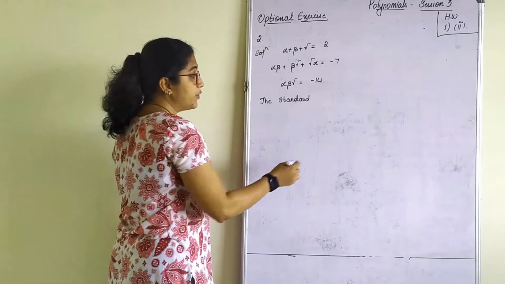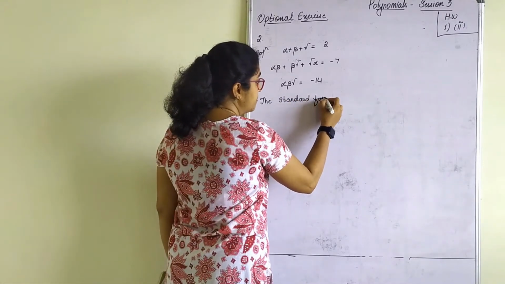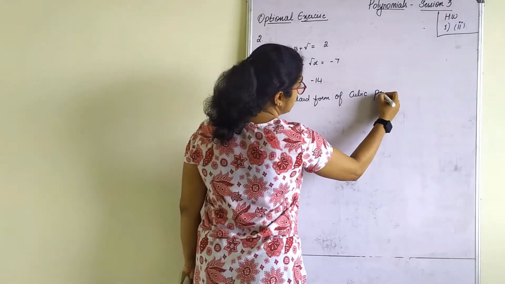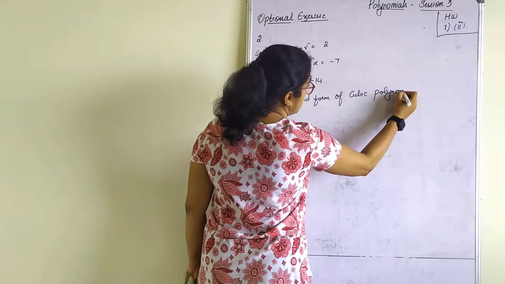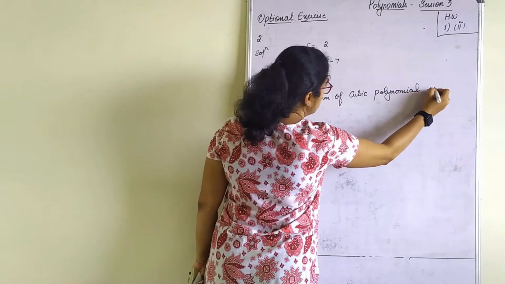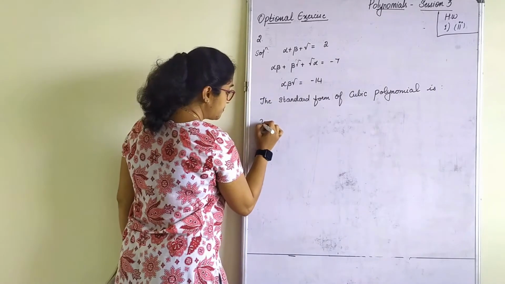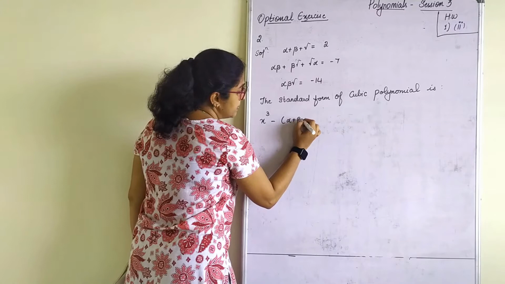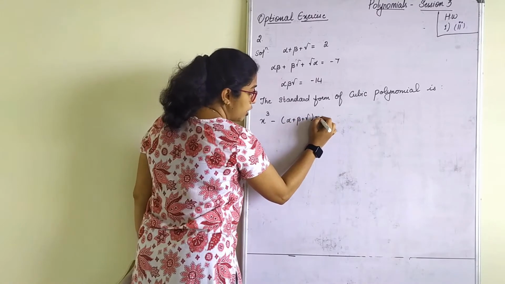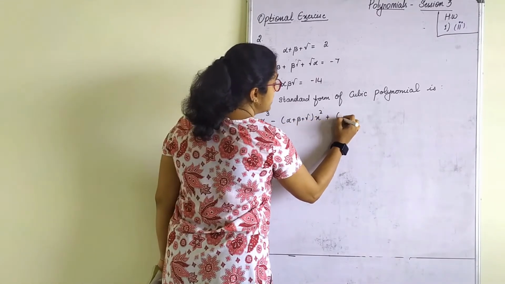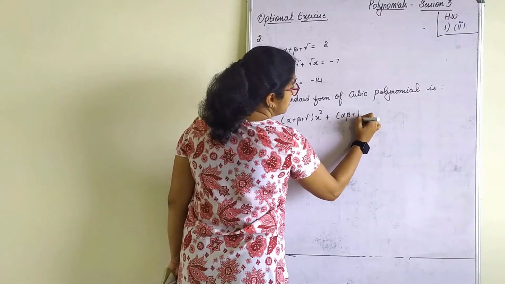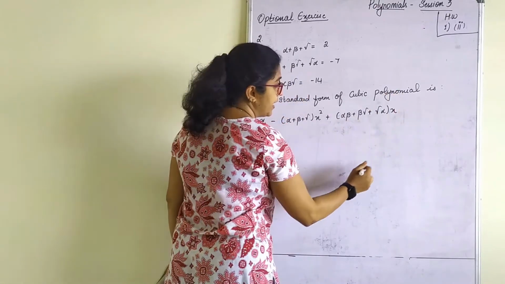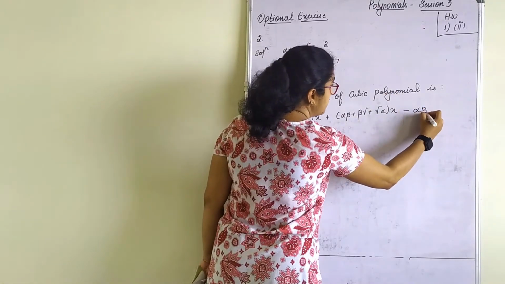Always do it stepwise. The standard form of a cubic polynomial is, what is it? x cube minus alpha plus beta plus gamma of x square plus alpha beta plus beta gamma plus gamma alpha of x minus alpha beta gamma.